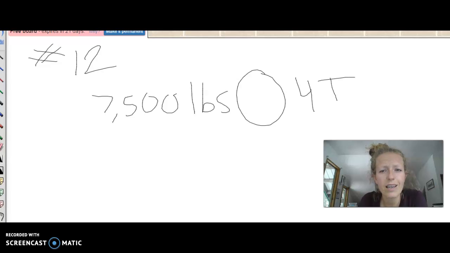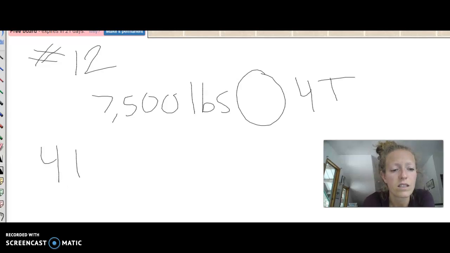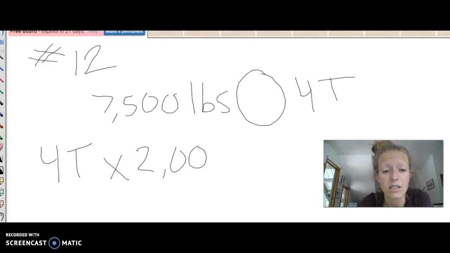For me, I like to work with the smaller numbers first. So I'm going to take my 4 tons, and I know that 1 ton is equal to 2,000 pounds. So in order to compare them, I need the units to be the same. Otherwise, I'm not going to end up with an accurate comparison. So I'm going to take 4 tons times 2,000.